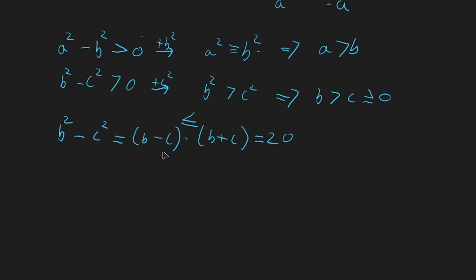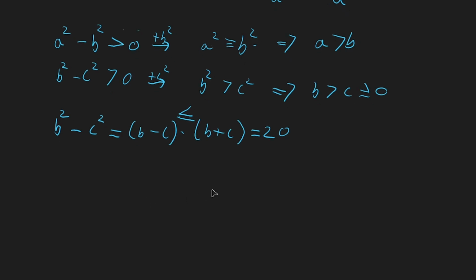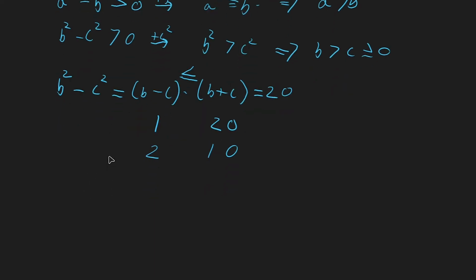So we have to figure out which numbers multiply together to get 20. And remember, we have integer solutions, so the parentheses will be integers as well. So if we first assume that this is 1, then this must be 20. If we assume that this is 2, then this must be 10.